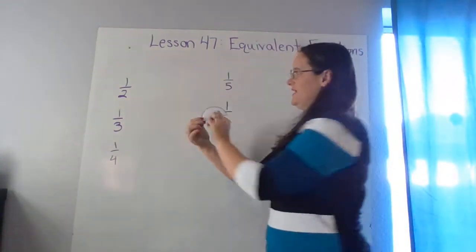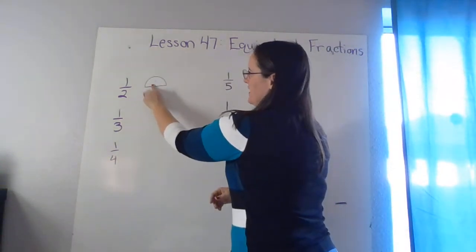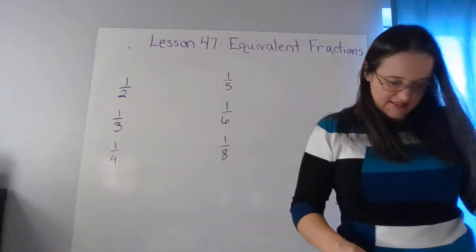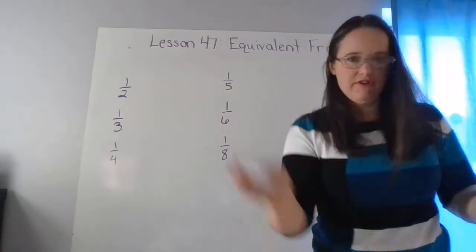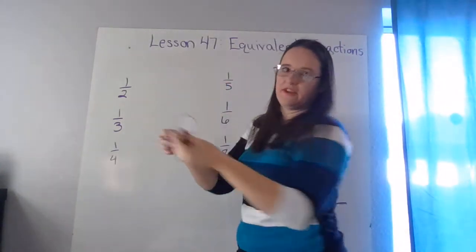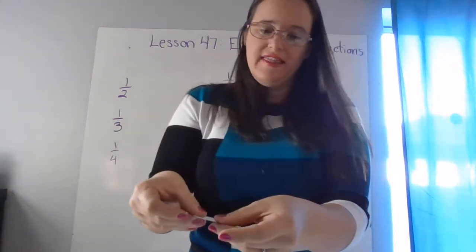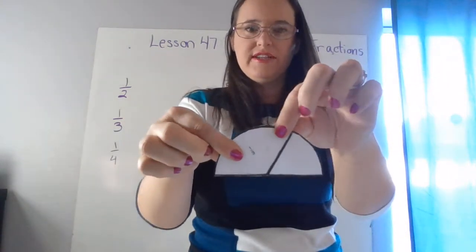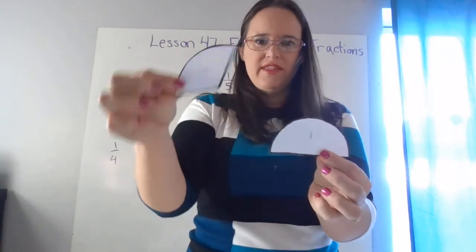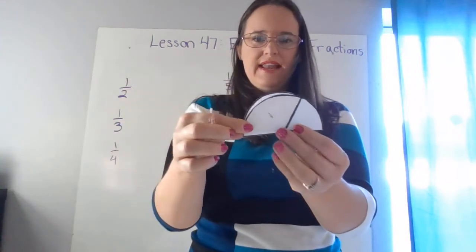If I have 1/2, it goes right there. And let's say I take a third. So this is 1/2, this is 1/3. You can see if I line them up with the third on top of the 1/2, they're not equal. So 1/3 is less than 1/2.